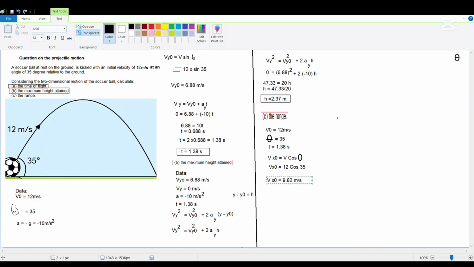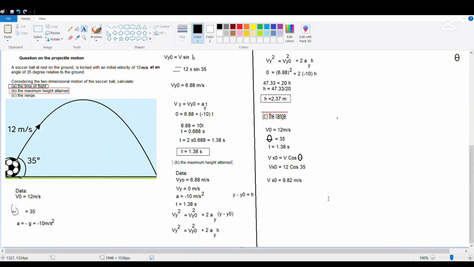Now because we have to find the range, we have to use a kinematic equation. Let me make it bigger so we can see what we are doing. x minus x naught is the range.